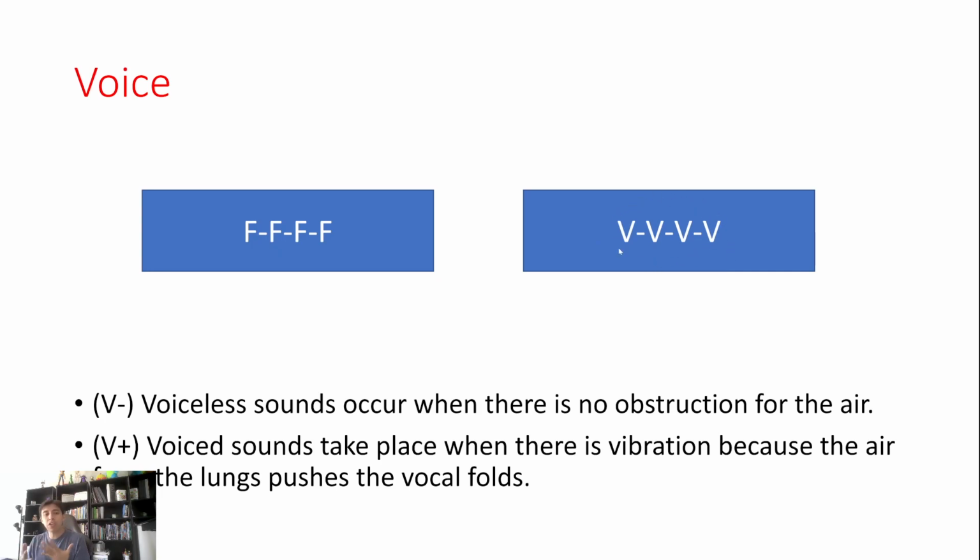This vibration is because there is an obstruction that is going to push the vocal folds. So that is the first part, voiced, okay? Voice is going to depend on the airflow in the larynx.